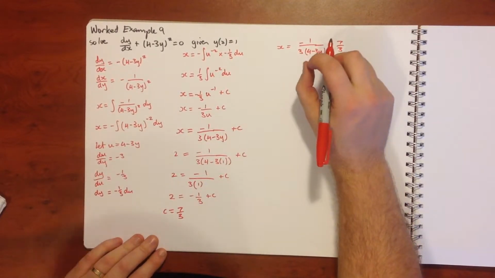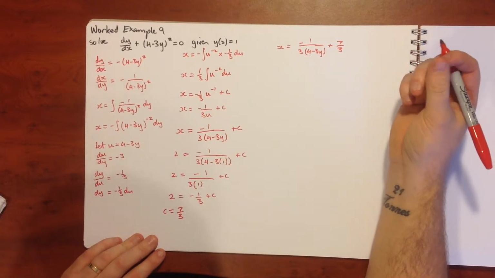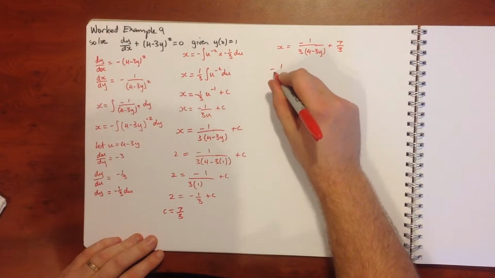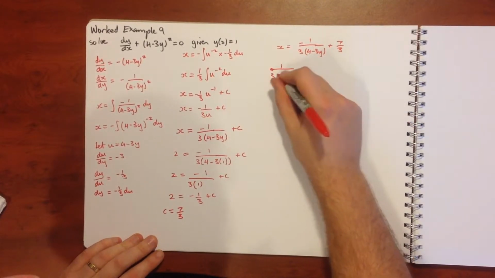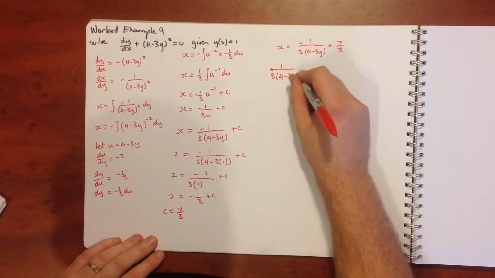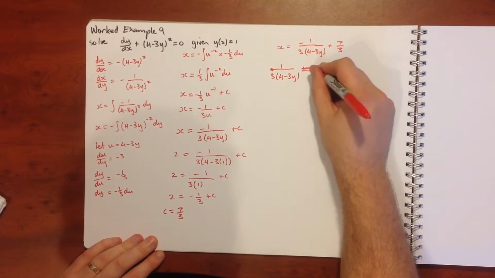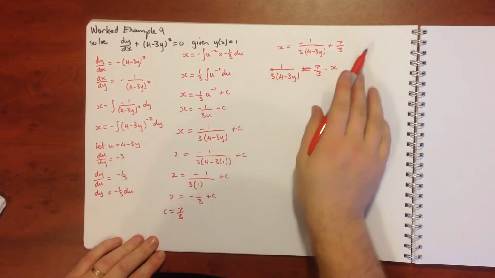Well, we've got to rearrange this for y. So we can say 1 over 3 outside of (4 minus 3y) will equal 7/3 minus x, by bringing this over this side and our x over that side.